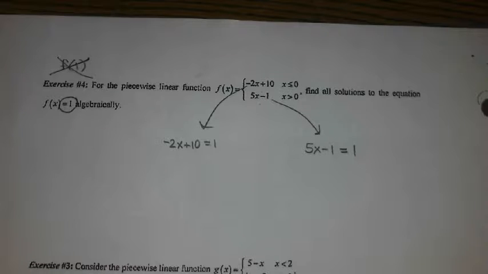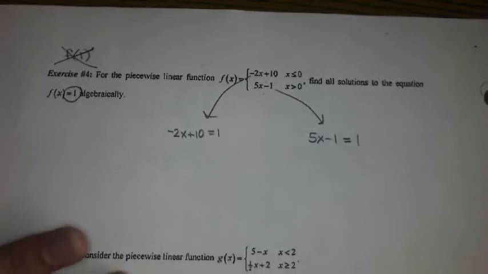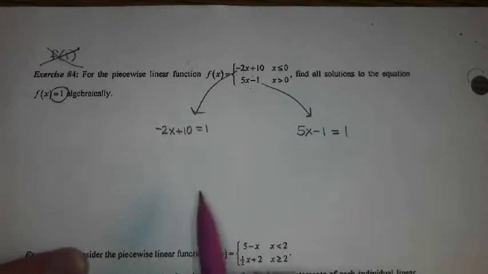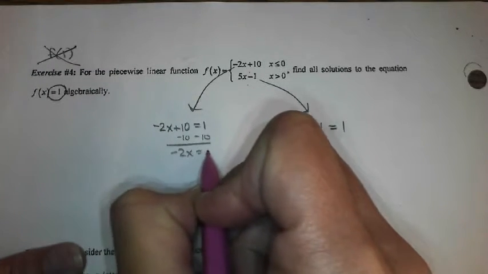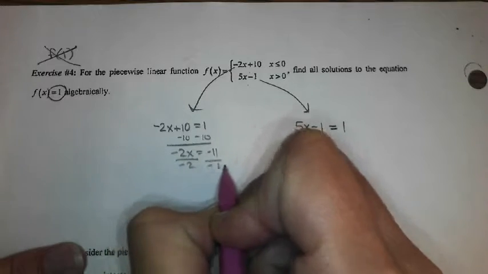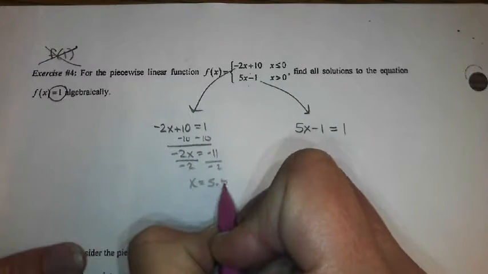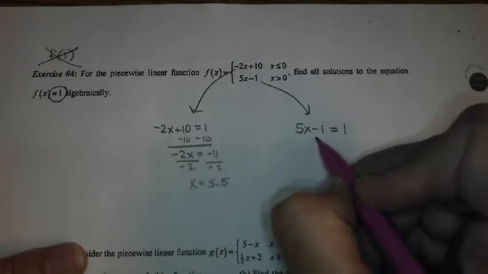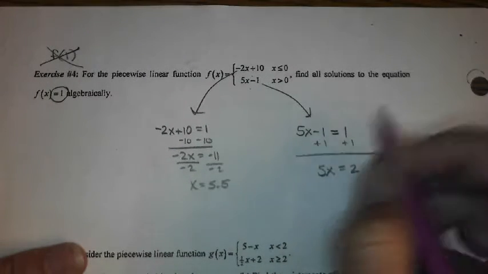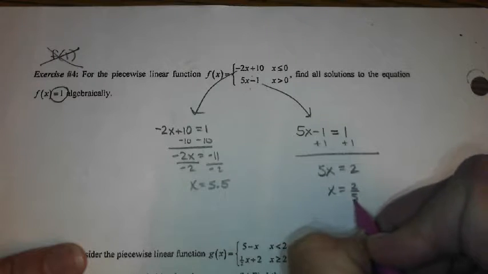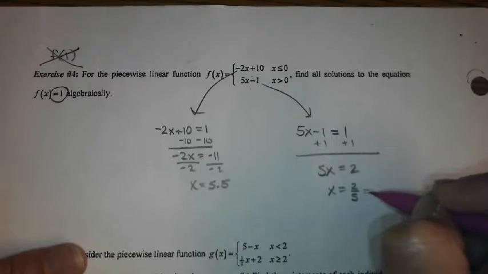So we're going to solve each of these, and then we're going to have something to think about and discuss. So subtracting my 10 from both sides and dividing by -2, that's happening at 5.5. And on this one, I'm adding 1 to both sides, dividing by 5, and I'm getting 2/5, which is 0.4.